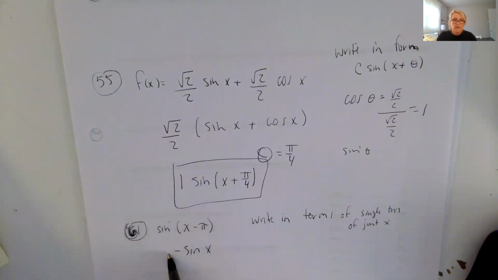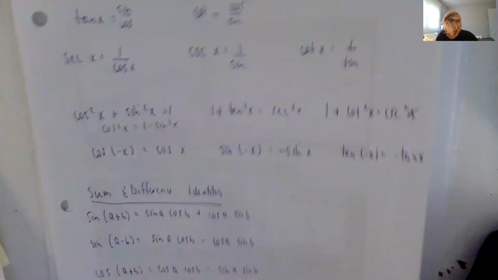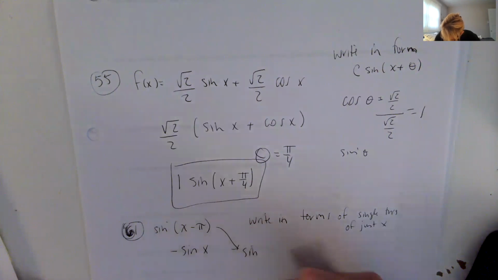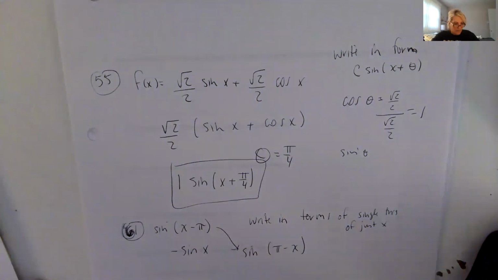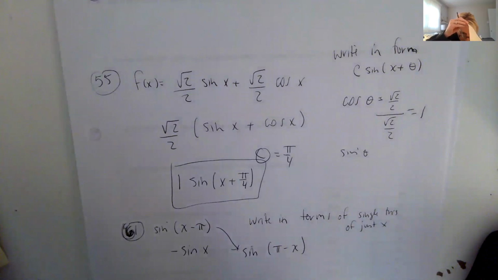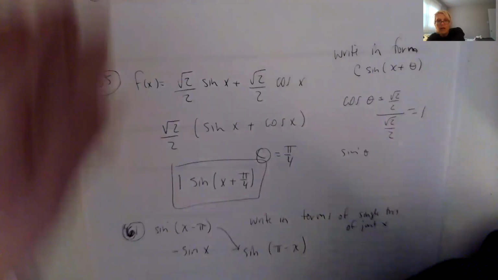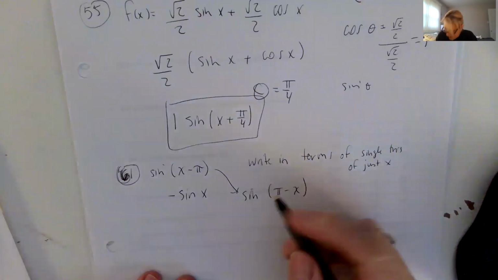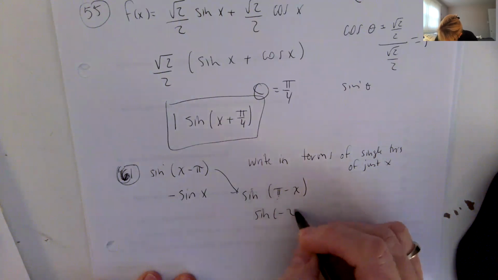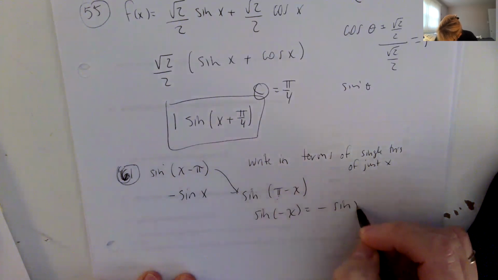And so we can write it with a negative. Because this can be written as sine of pi minus x, and then when we do that, the sine of pi is 0. So we know the sine of a negative x is the same as a negative sine of x.